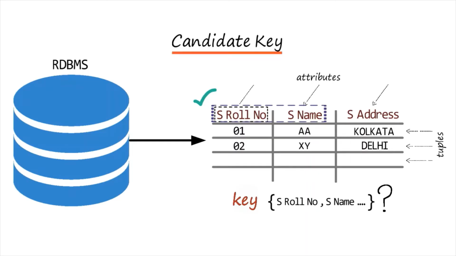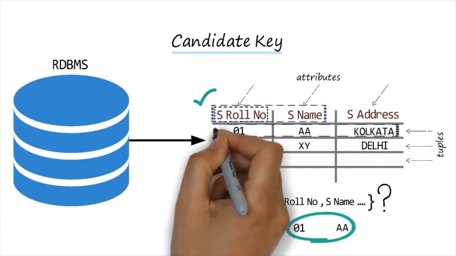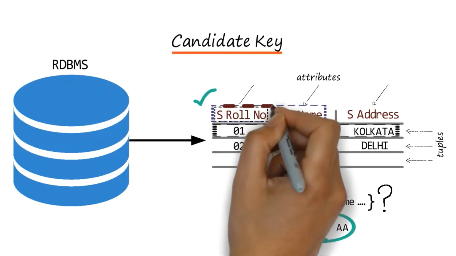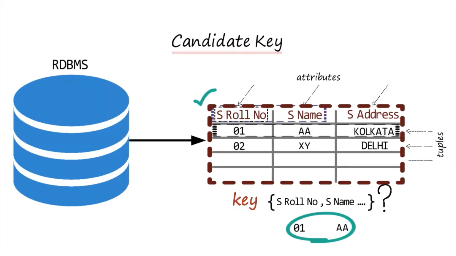But what is the role of a key? Role of a key means if you know some of the information about this key, say roll number is 1 and AA, the responsibility of this key is that it will identify one specific tuple, means it will try to identify a particular tuple in the entire table. This is the main purpose of this key.